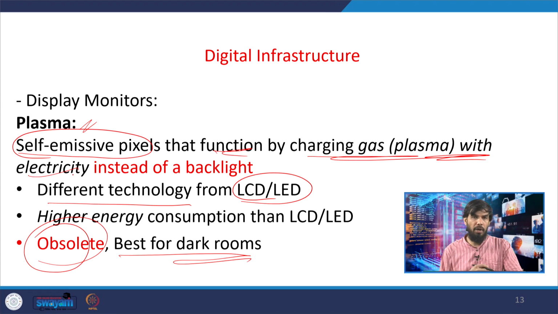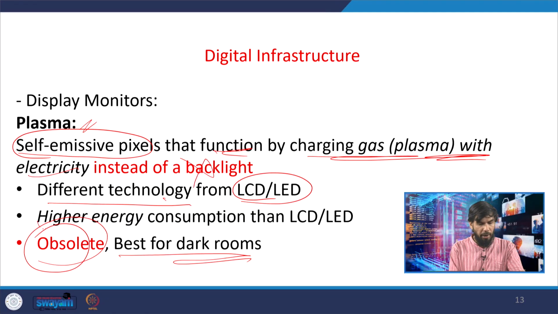In the case of OLED, it is the organic compound that is charged using electricity. Here it is the gas or the plasma that is charged using electricity, and that facilitates the functioning of self-emissive pixels, right. Again, here also there is no backlight and it is a different technology.